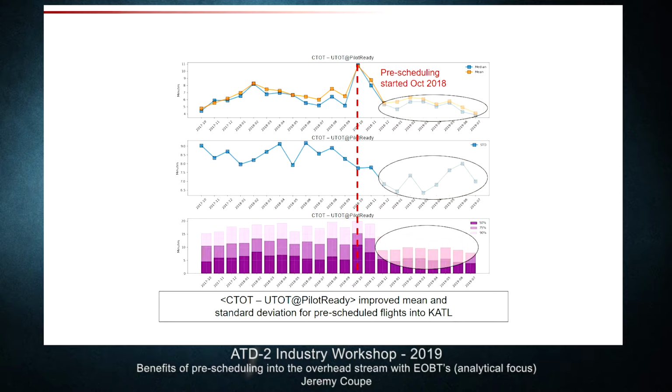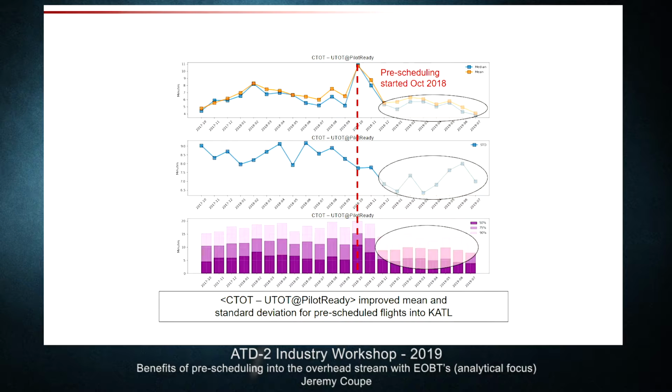And then in the bottom here, this really helps us visualize the distribution, where the dark purple represents the 50th percentile of delay, the middle purple represents the 75th percentile or quantile of delay, and the very light purple represents the 90th.